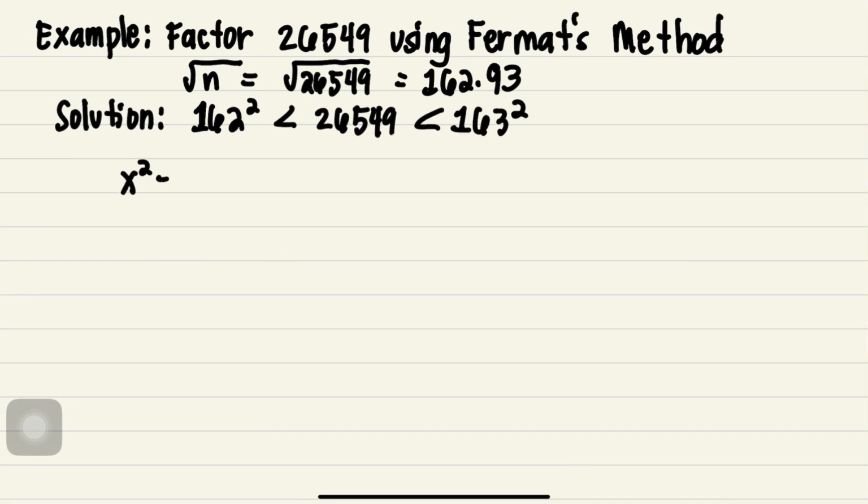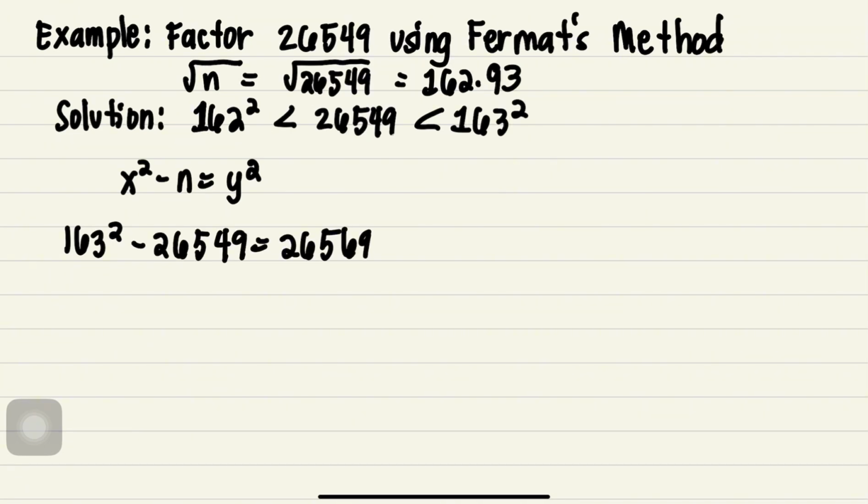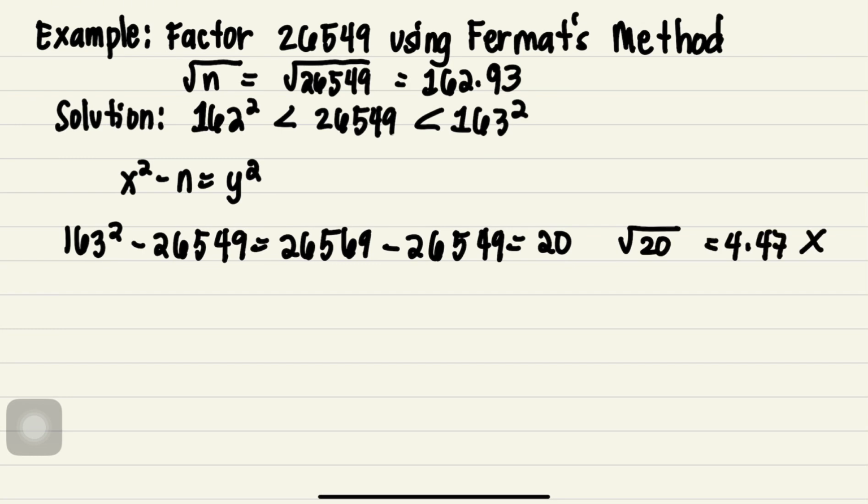Let's compute using the formula x squared minus n equals y squared. So the initial value of x equals 163 squared minus 26,549 equals 26,569 minus 26,549 equals 20. Taking the square root of 20 equals 4.47. So this is not a perfect square.